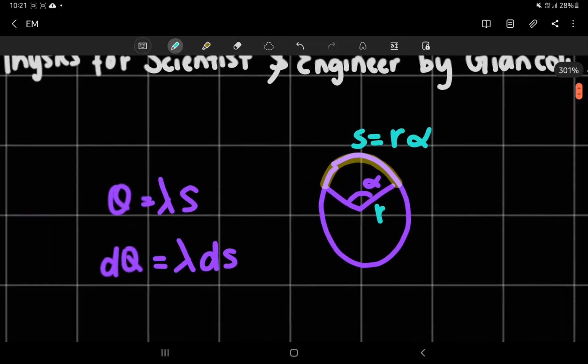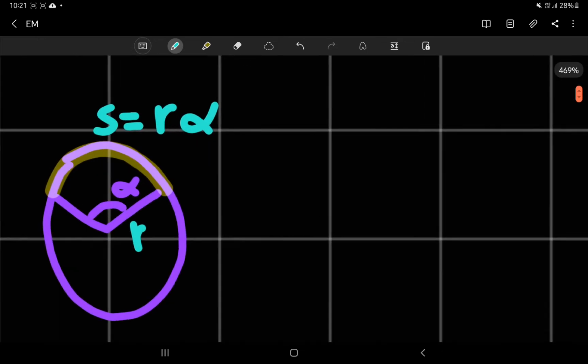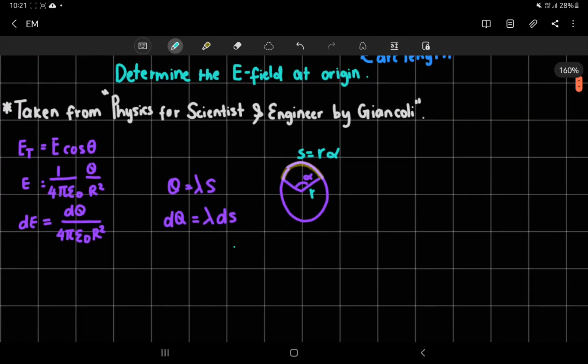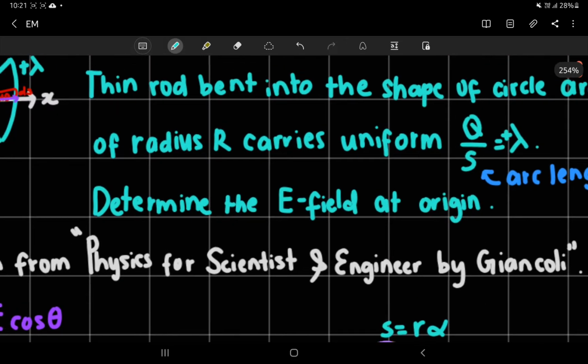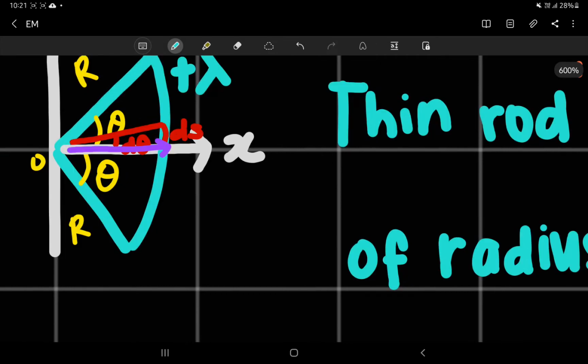So in differential form, ds is r d theta.